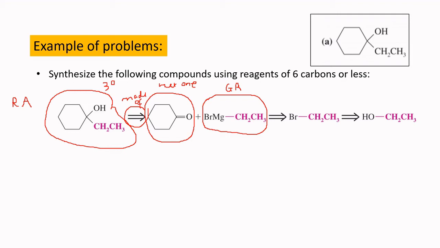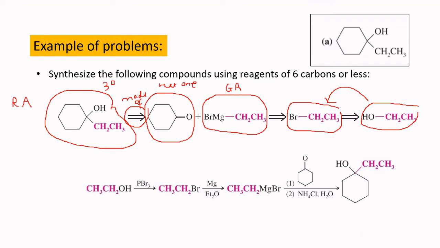Okay, now we have the Grignard reagent. This Grignard reagent can be made from an alkyl halide. Okay, so this alkyl halide can be made from alcohol.